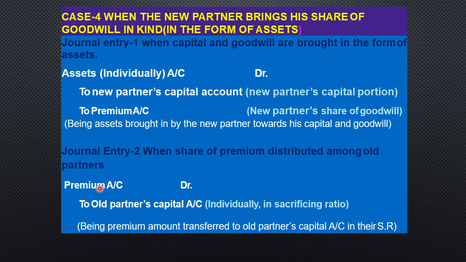When we distribute that premium for goodwill within all partners, entry will be premium for goodwill to all partners' capital account in their sacrificing ratio. Major difference is in the first entry. In the previous entry we wrote cash instead of assets, only a minor replacement; now we are writing the asset, the name of the asset.